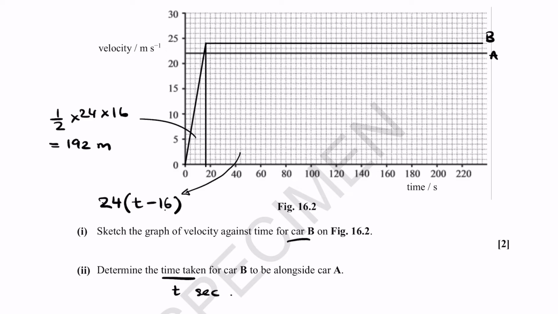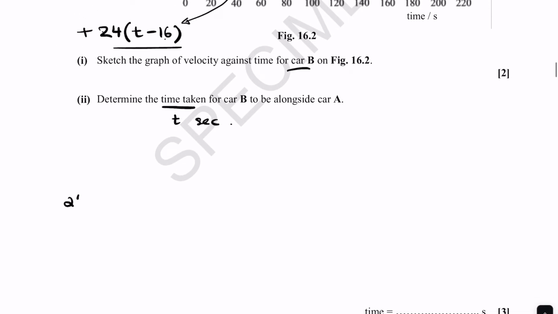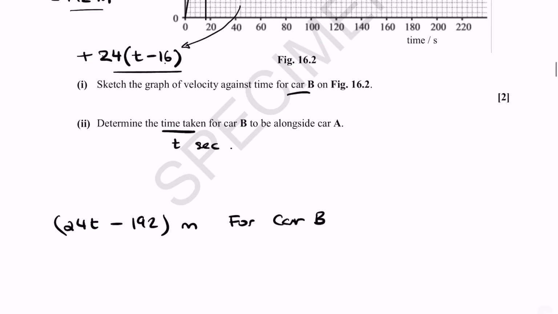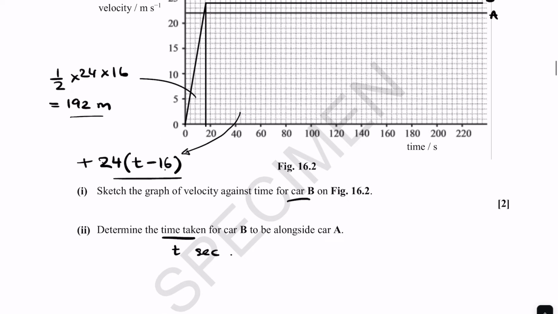So those two quantities can now be added together, and I would end up getting 24t minus 192 meters for car B. Similarly for car A, that's easier because it is going at 22 meters per second for t seconds.